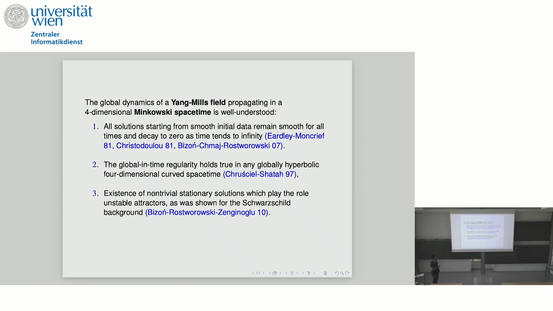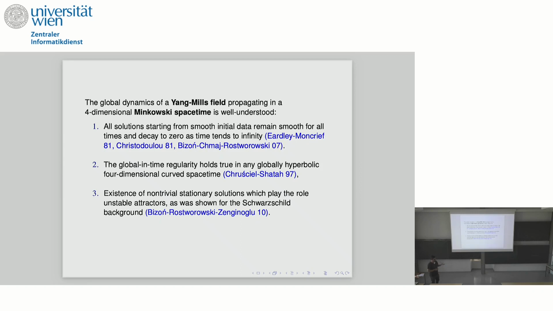And it turns out that if you change the signature or the metric to something more complex, then you may have interesting situations. So let me mention this result by Bizoń, Rostworowski, and Sengül, where they consider the Schwarzschild background.